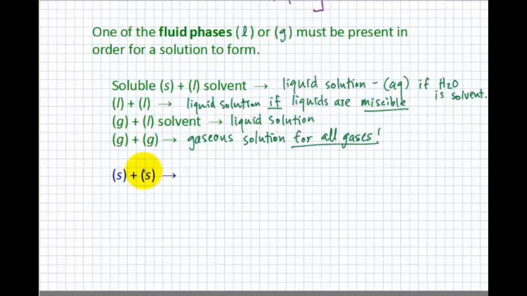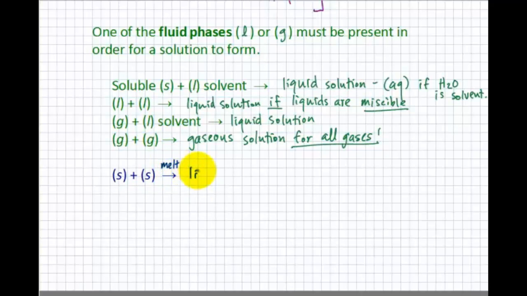So there's no way that two solids just together in a container can make a solution, right? Remember, the molecules in a solid are just locked in their own structure. They may even be vibrating in place, but they're not going to mix with a different solid that has its own structure. So what we have to do is actually heat it up until both of the solids, or at least one of the solids, melt.